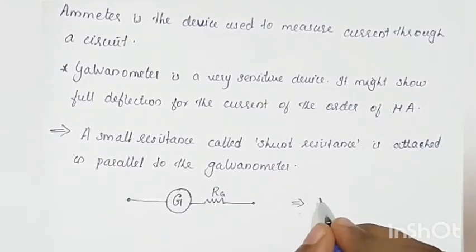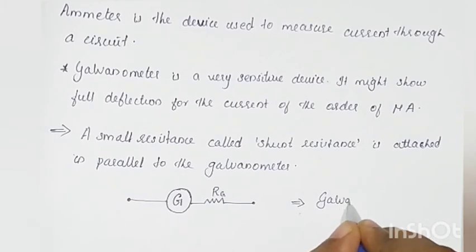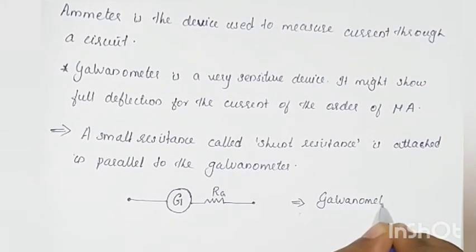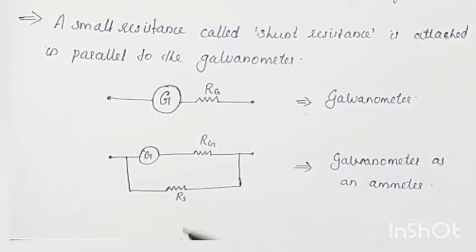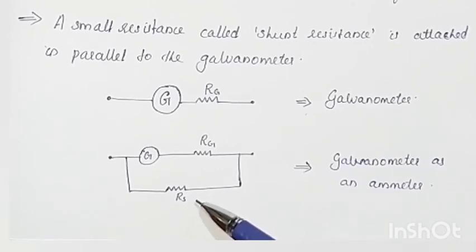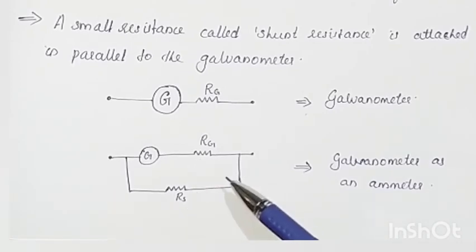This is the representation of a galvanometer, where Rg is the resistance of the galvanometer. And to this galvanometer, we are going to attach a shunt resistance, a very small resistance Rs, in parallel. So by attaching a shunt resistance in parallel to the galvanometer, now this arrangement functions like an ammeter.